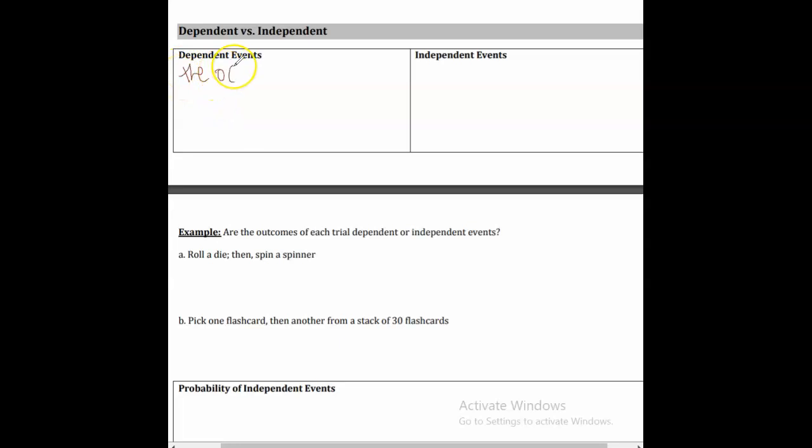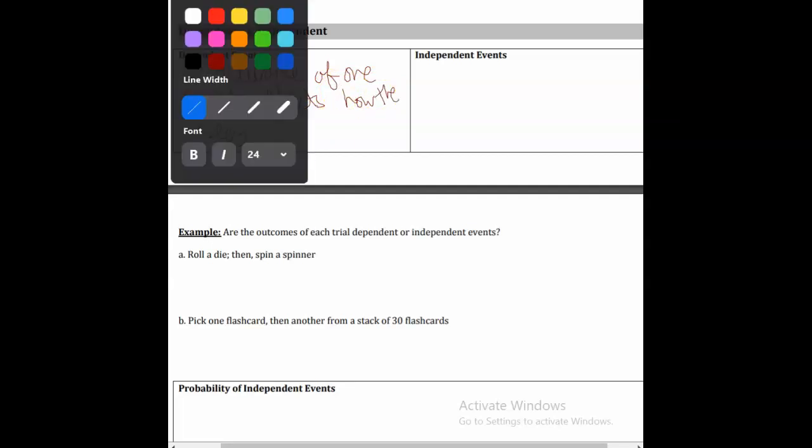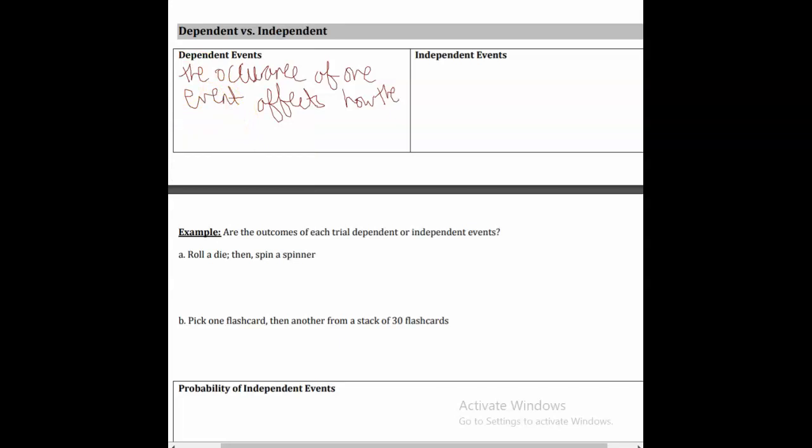So the occurrence of one event affects how the second event occurs.